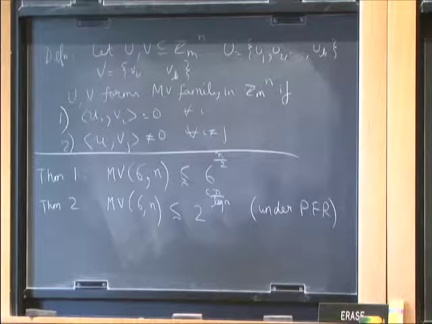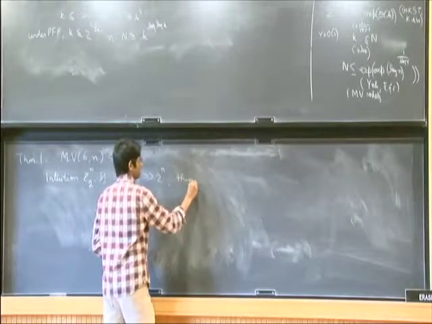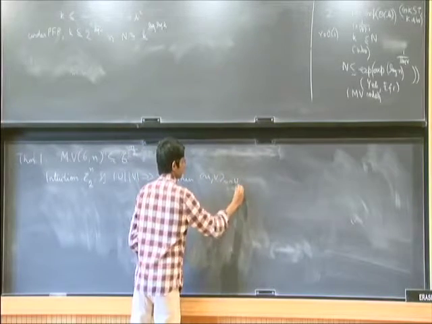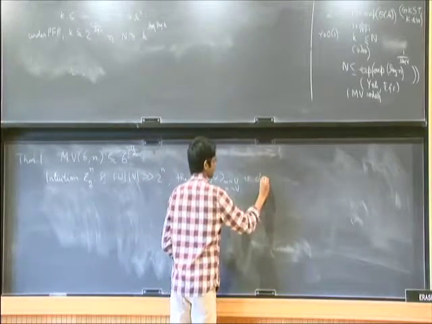So the intuition is that if U V is large enough, so we are looking at Z2 to the n, then the distribution U inner product V is close to uniform.